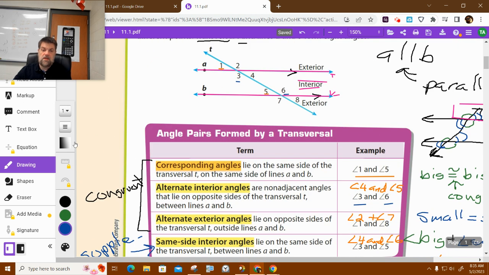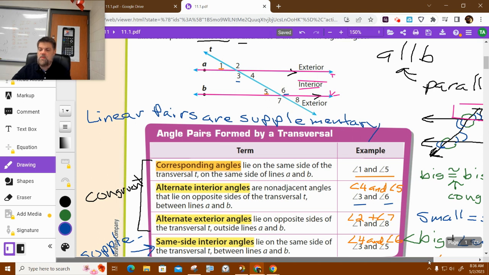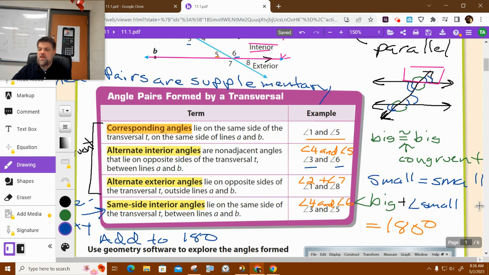And to help you out a little more, linear pairs, they share the same line, are also supplementary. And if you can't understand the labeling, Mr. Adams' little trick: big equals big, small equals small, big plus small equals 180. And when is it that all angles are congruent? When the transversal is perpendicular to the parallel lines. Okay? That's it. Go ahead and jump in there on school.